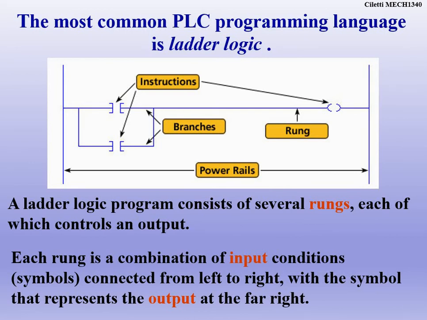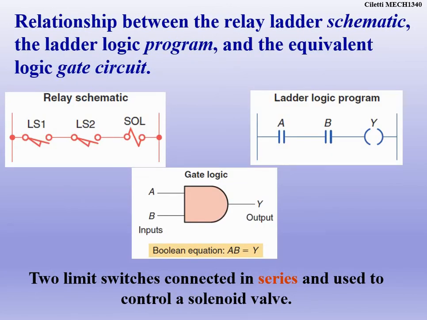We have our rungs, and then we have our rails. A ladder logic program can consist of many rungs. You can keep going, and each rung has to have some sort of input conditions and output conditions on each one.